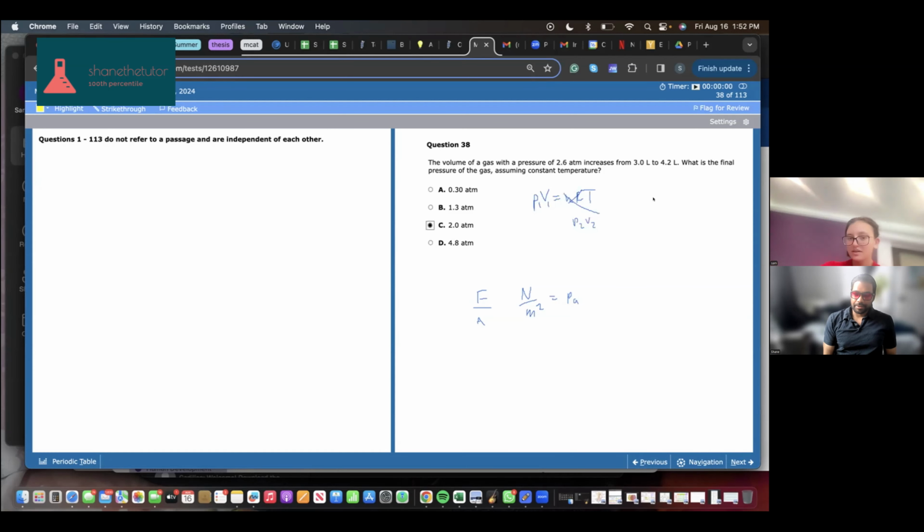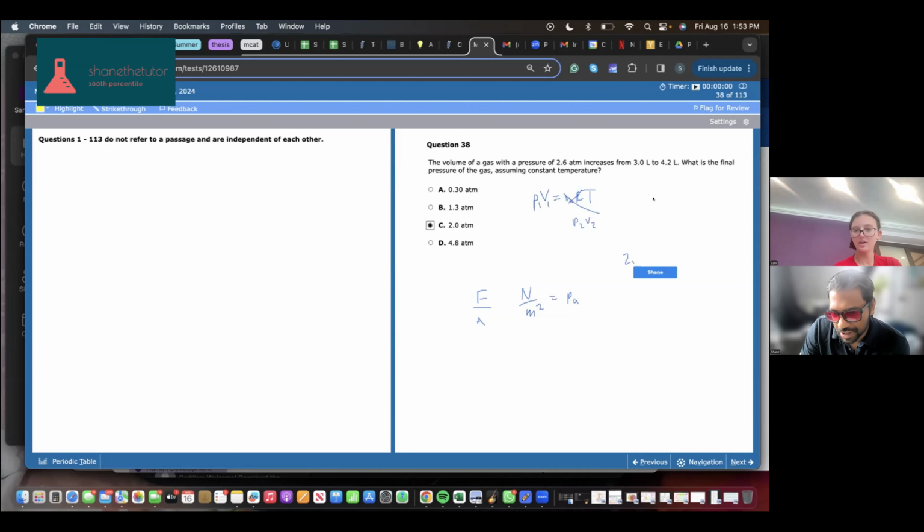But yeah, you want to have multiple ways to get to the right answer. Multiply them, 2.6 times... So volume one is the 3.